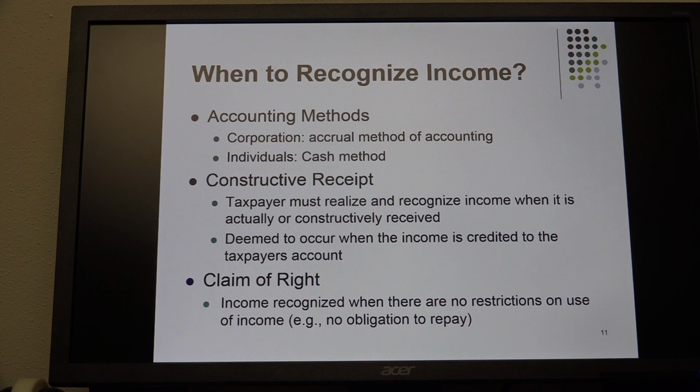And so the constructive receipt rule says that a taxpayer must realize and recognize income when it's actually or constructively received. And constructively received is defined as being when the income is credited to the taxpayer's account and there's no restriction.